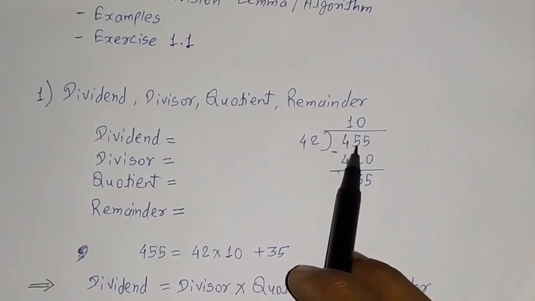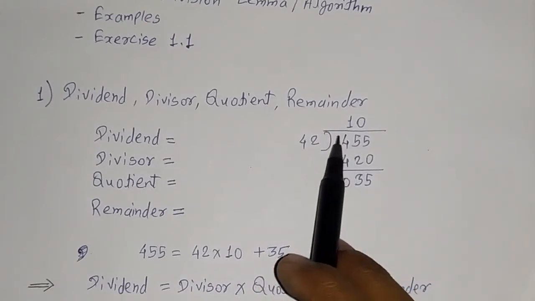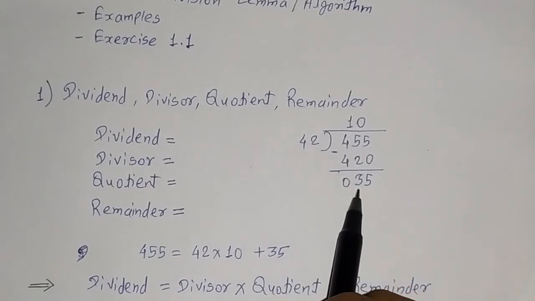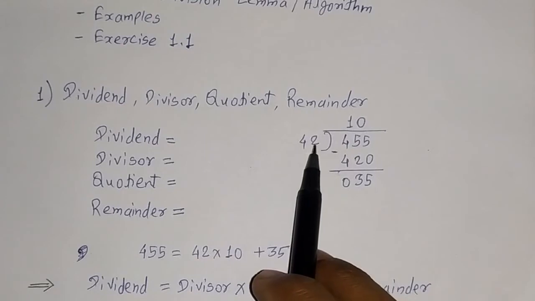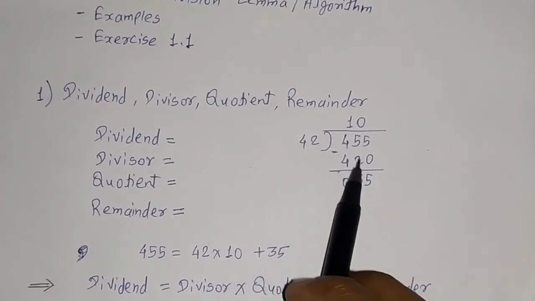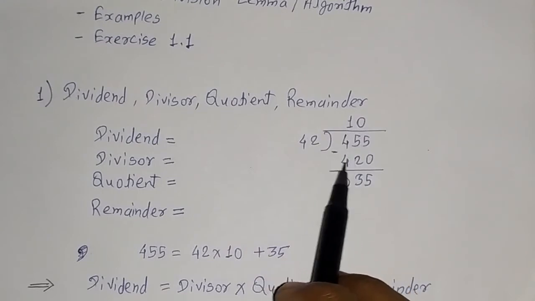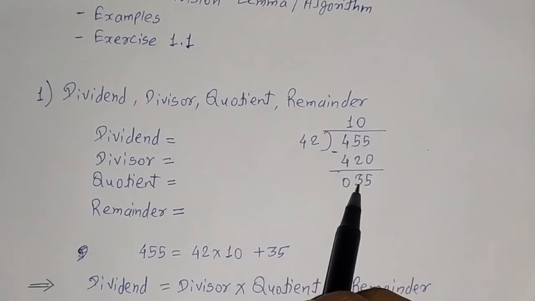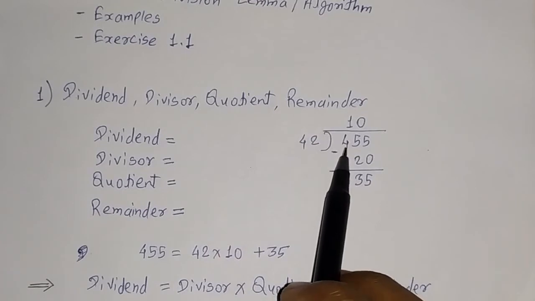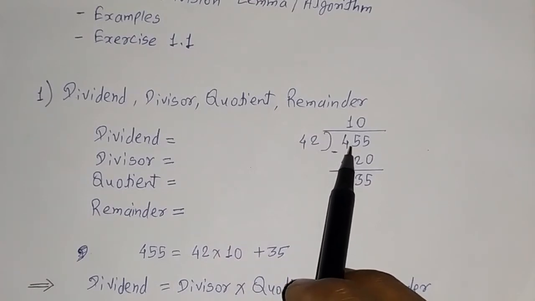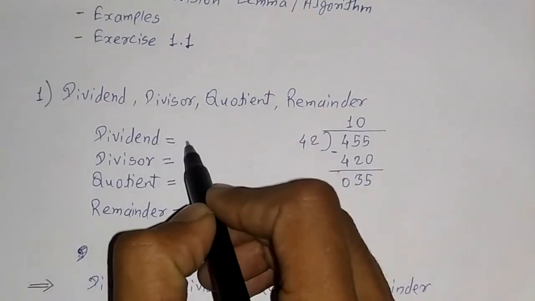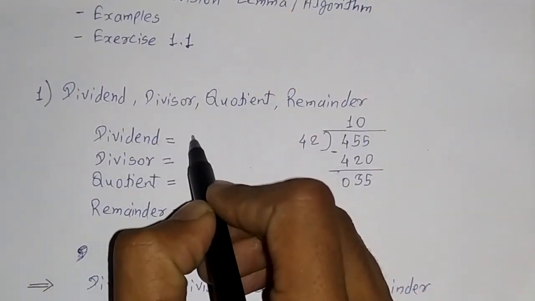After dividing 455 by 42, you will get the answer as 10 and remainder as 35, because 42 tens are 420, so 455 minus 420 will be 35. So what will be the dividend in this example? It will be 455. 455 is called the dividend.